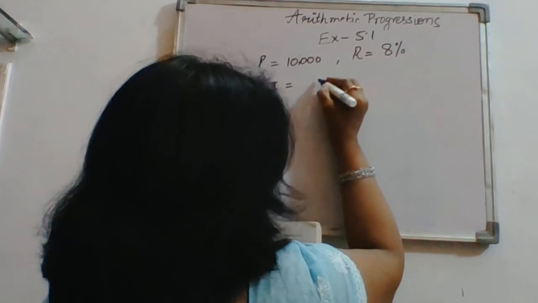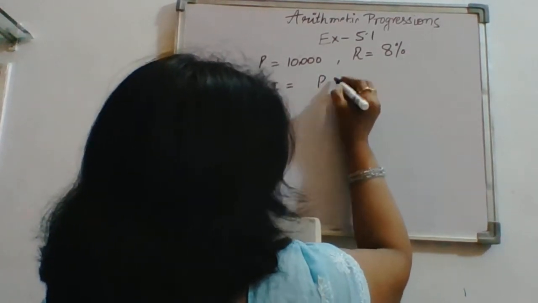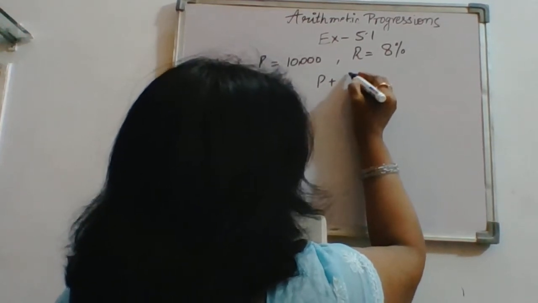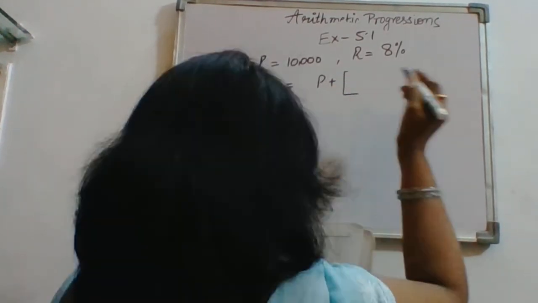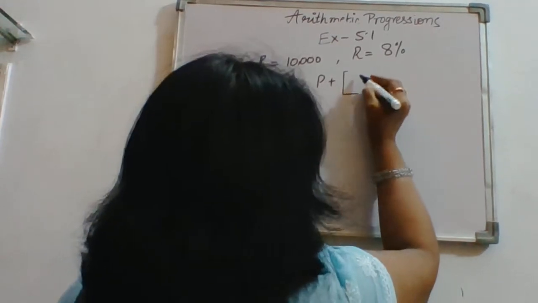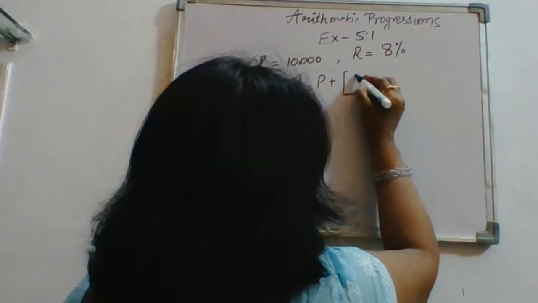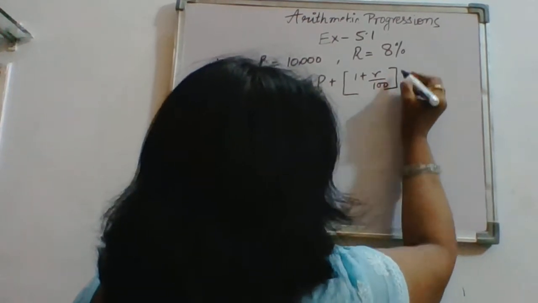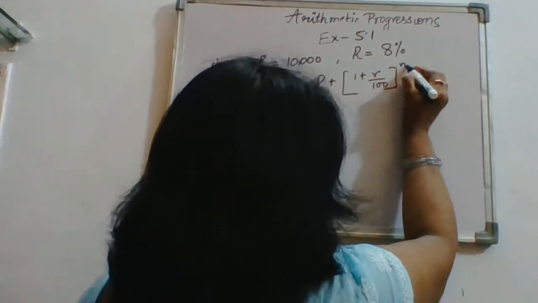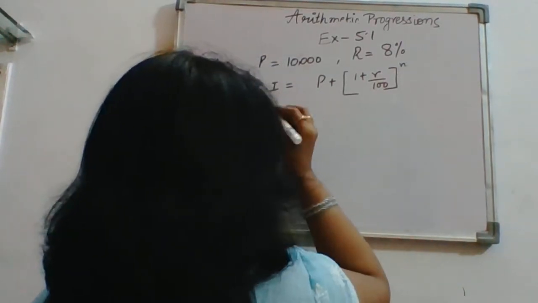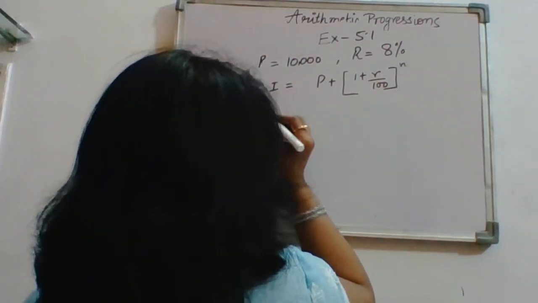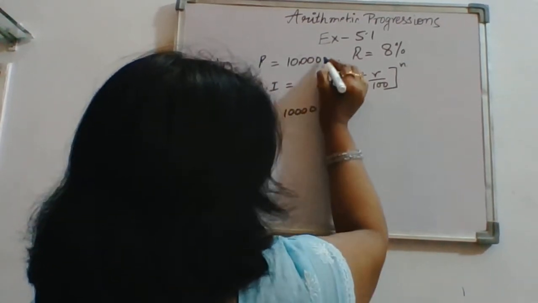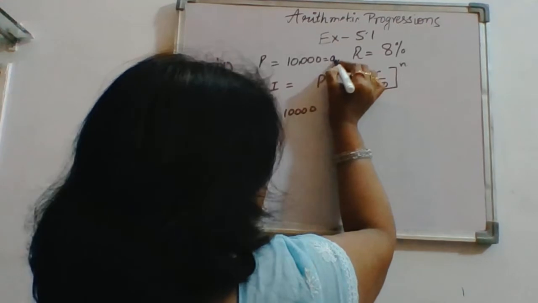Compound interest formula is P times 1 plus R by 100 to the power n. So we will calculate here A1 will be your 10,000. This is your A1, right?